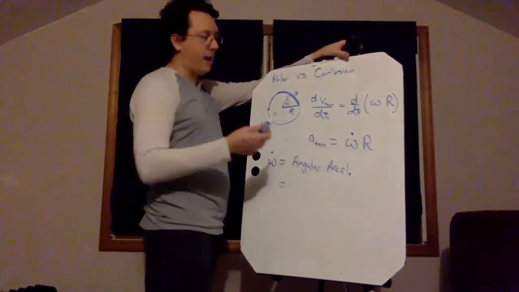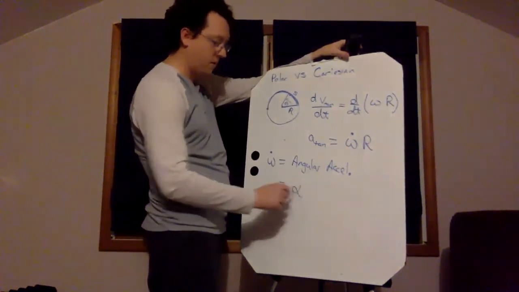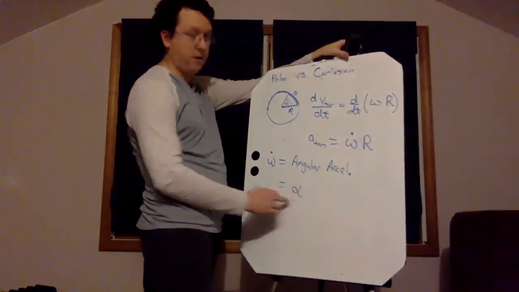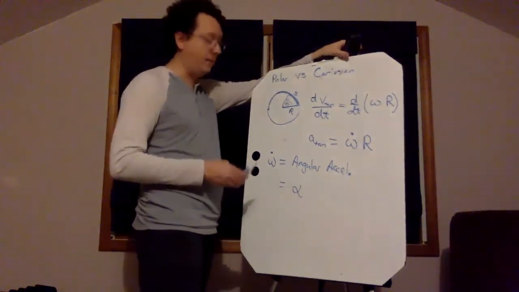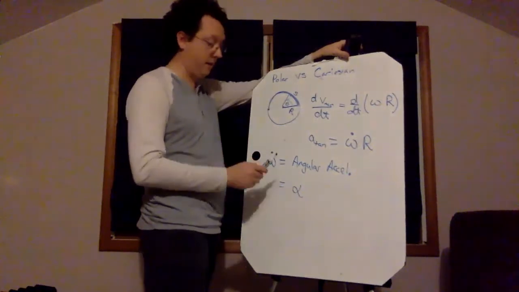Instead of A for acceleration, we're going to use alpha, Greek letter alpha. It's not a fish. If you call it a fish, everyone's going to make fun of you, so don't do that. Okay.